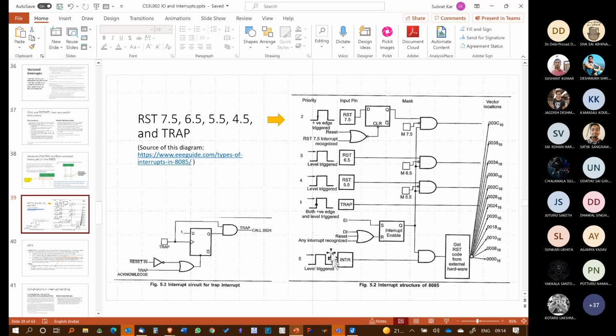So you will find dedicated pins like this and this one pin in which you can do a lot of things. So if you are not satisfied with a positive edge triggered, level triggered, and a positive and level triggered interrupt, right, then you can fulfill your heart with the INTR pin which comes from outside.